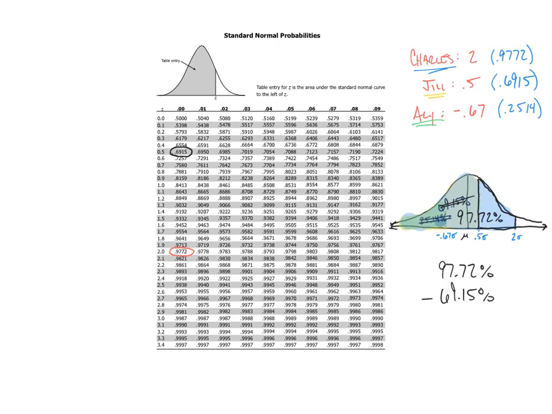How much of Charles's data does not also include Jill's data? And so when I do that subtraction, I end up with 28.57%. So when I answer that question that we were asked to answer after the first part of the notes, we would say that it is about 28.57% of the data that is between Jill and Charles's scores.